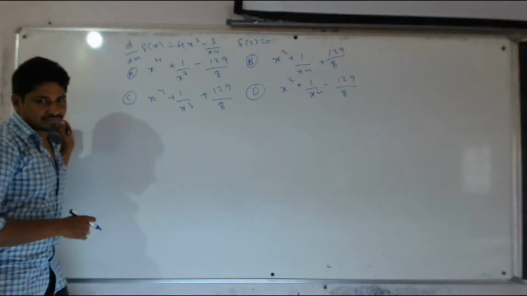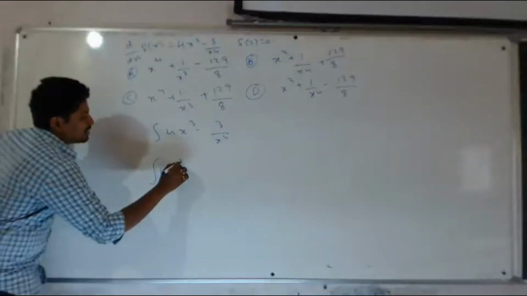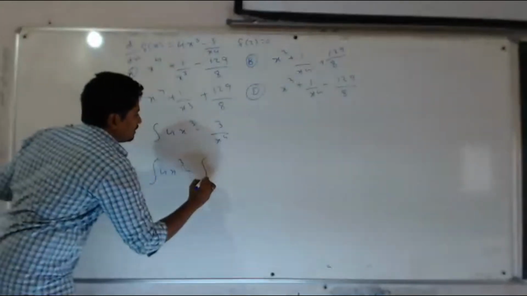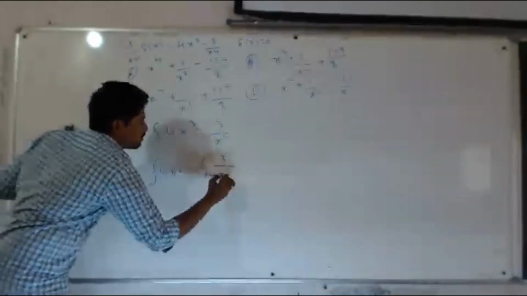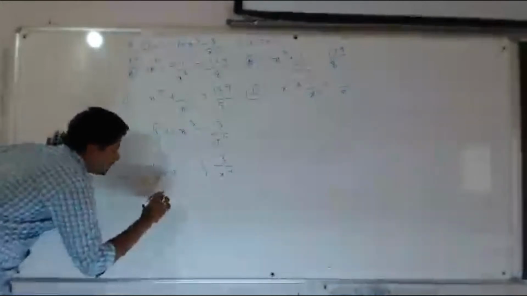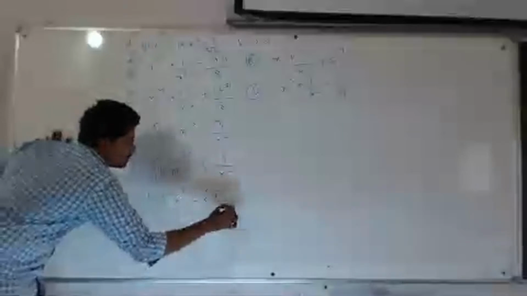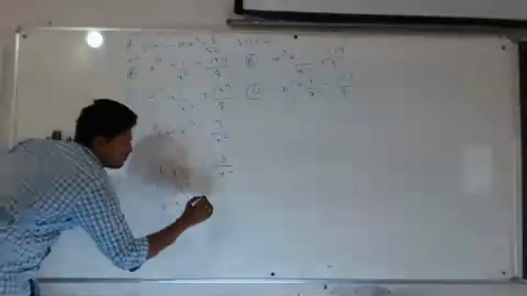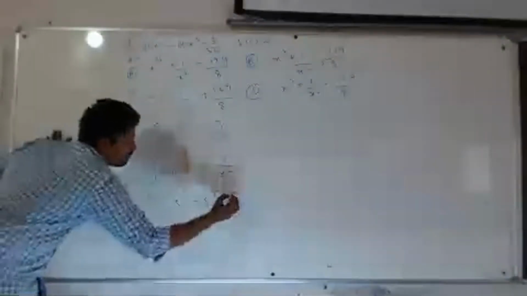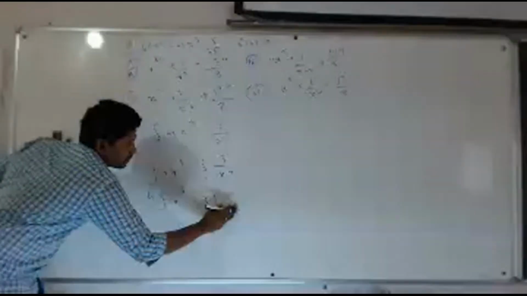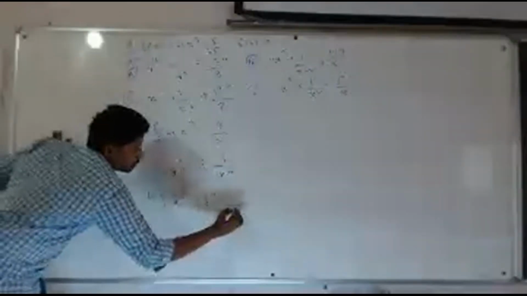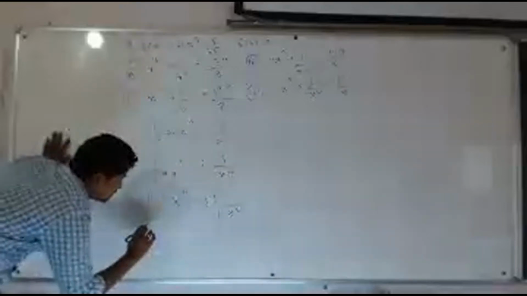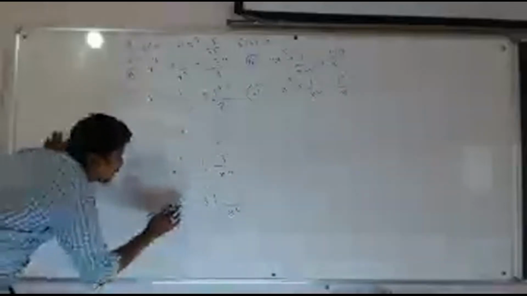So he was asking indirectly the integral of 4x power 3 minus 3 by x power 4. 3 will come outside. See here, 4 into x power 3.